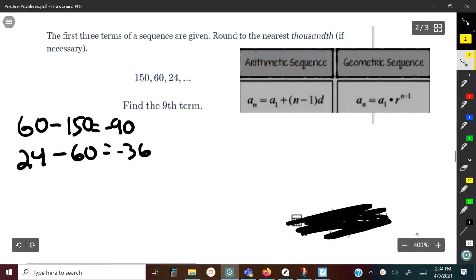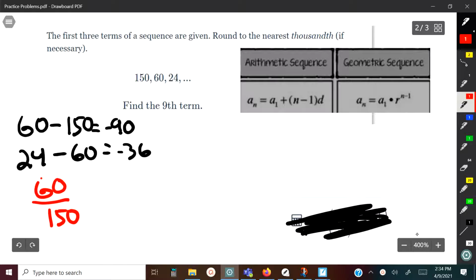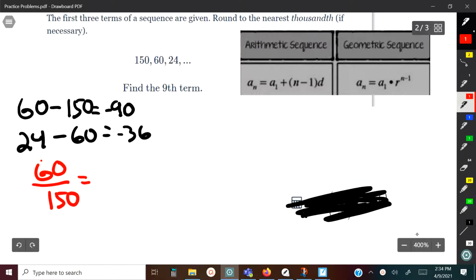So we're going to check to see if it's geometric. Alright, so I take the second term and divide it by the first. And when I do, I get 0.4. It also simplifies down to 2 over 5.